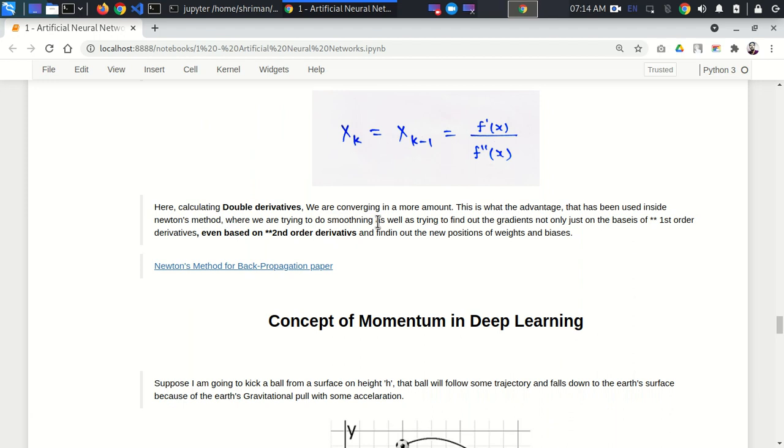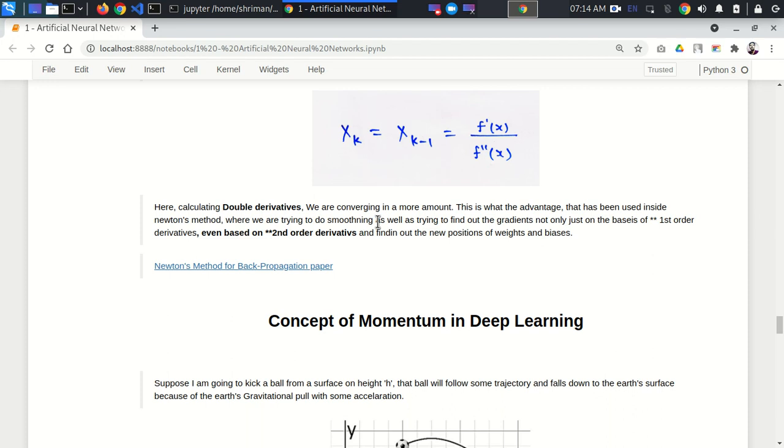So Newton is saying that whenever you calculate BGD, MBGD or SGD, in that case you are just going to do a single derivative. But in Newton's method, you are going to utilize the double derivative way, and by calculating the double derivatives we are converging by a greater amount.